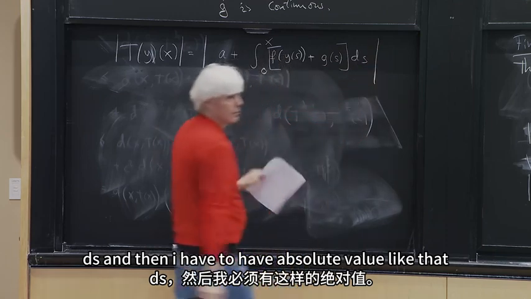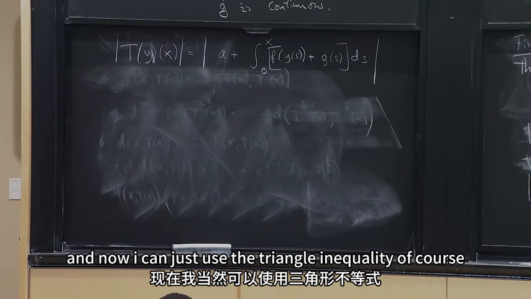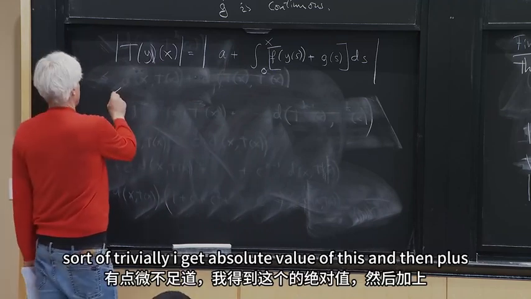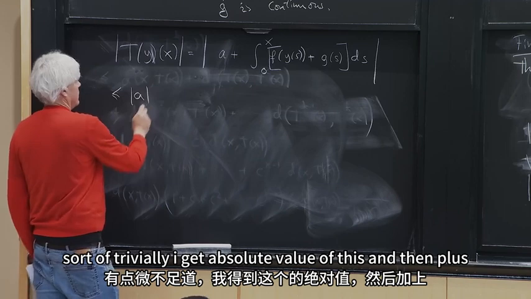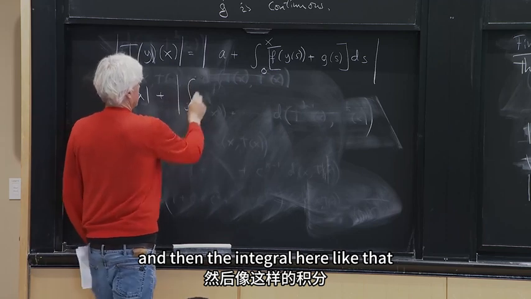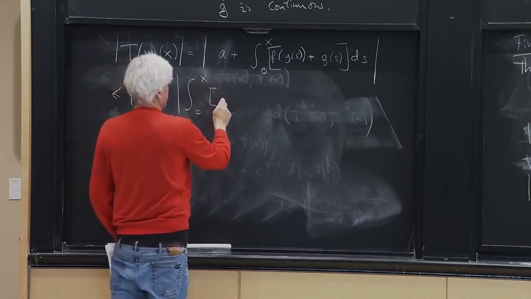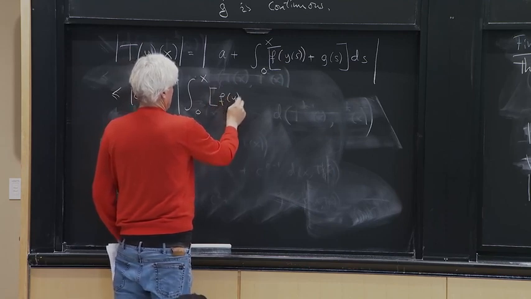And then I have to have the absolute value like that. And now I can just use the triangle inequality, of course, sort of trivially. I get the absolute value of a, and then plus the integral here, like that.